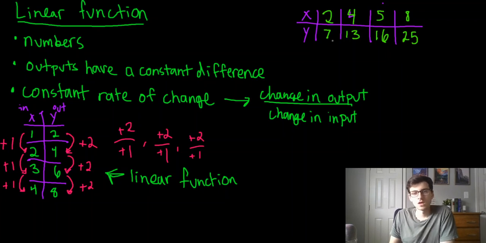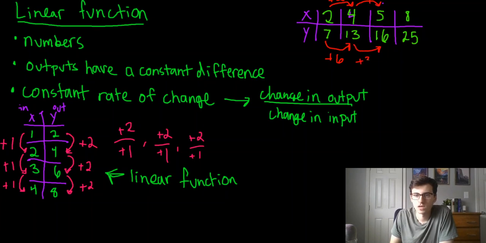Okay, so this is a little different than what we just looked at, but I think that's a good thing. Let's look at the rate of change. Again, X is my input, Y is my output. When my input increases 2, my output increases 6. When my input increases 1, my output increases 3. And when my input increases 3, my output increases 9. So let's look at all of those.